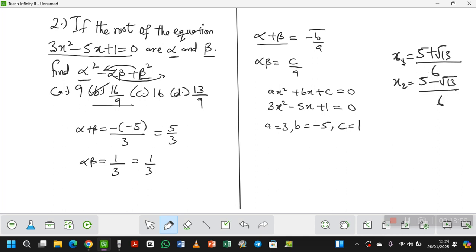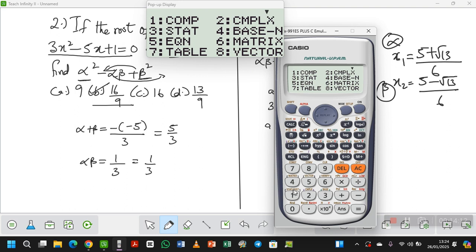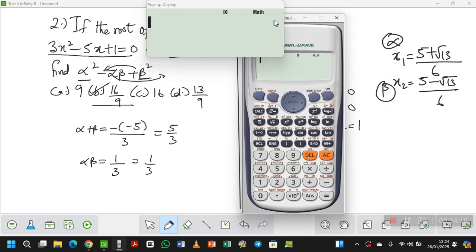So let's assume that this is our alpha and this is our beta. This thing will be very long, but let's assume this. Let me check whether you can use calculator method for it. I hope you can see the calculator. No, I can't see the calculator.